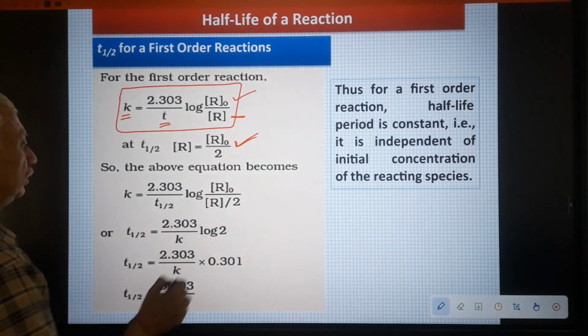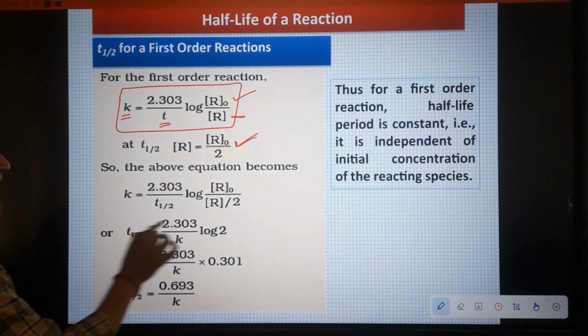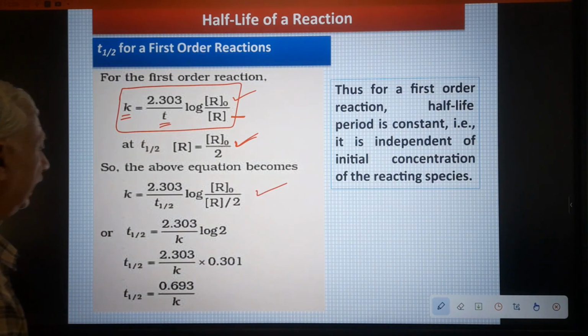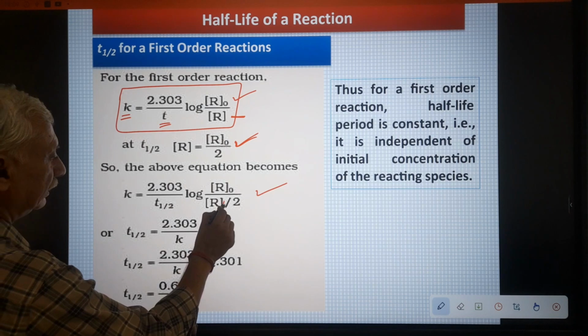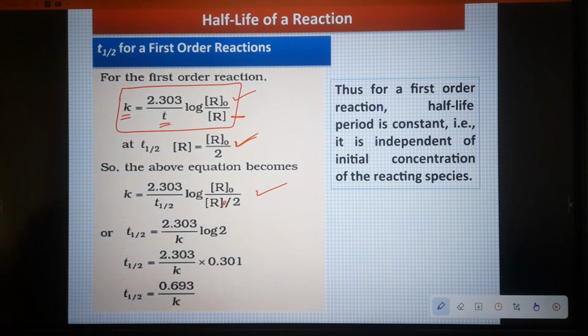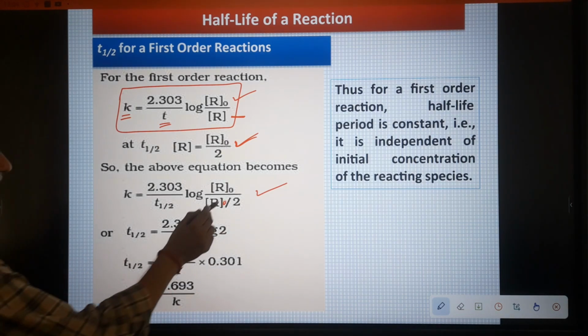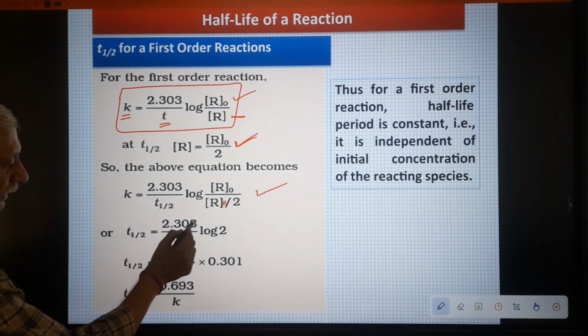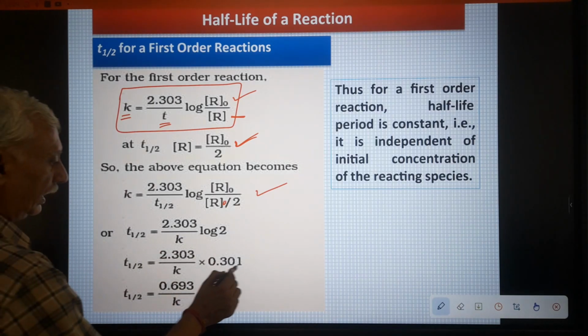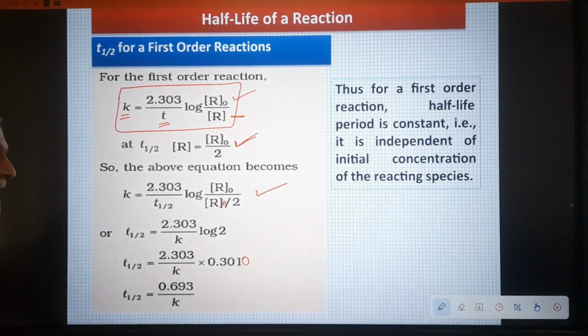When we put T half in place of T, the concentration of the reactant will be R naught upon 2. So when we put this value, the equation becomes K is equal to 2.303 upon T half log R naught upon R naught by 2. Similarly, the R naught will cancel and the relation comes T half is equal to 2.303 upon K log 2, and log 2 value is 0.3010.